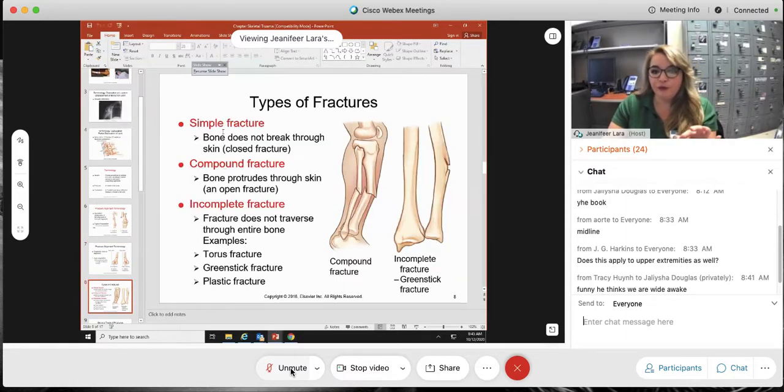We have a simple fracture, meaning closed. It did not break through the skin. We talked about a compound fracture. And in these types, we're incorporating a new word, skin, right? So when you look at a fracture, it's either simple or it's going to be compound. Is the skin intact or is the skin broken, ruptured, torn, whatever?